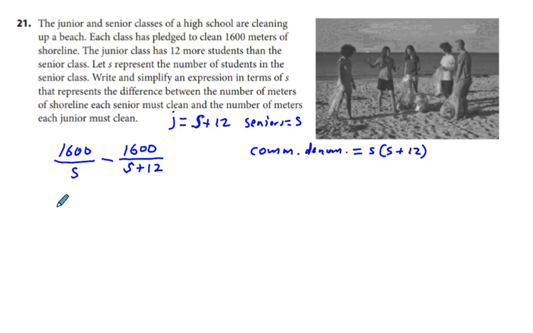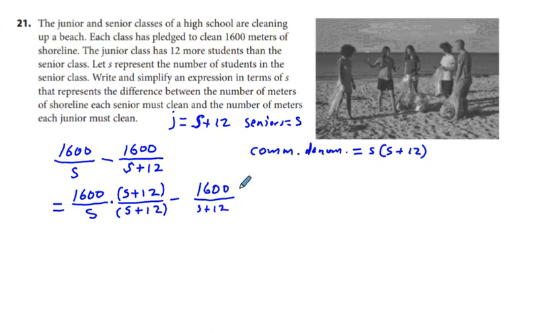So let's go ahead and simplify this. We have the first one, 1600 over S, and to create a common denominator, we have to multiply by (S + 12) over (S + 12). And for our second fraction, we have 1600 over S plus 12.